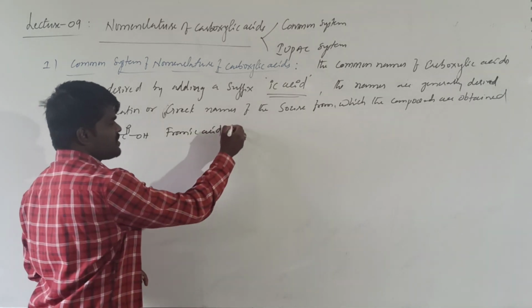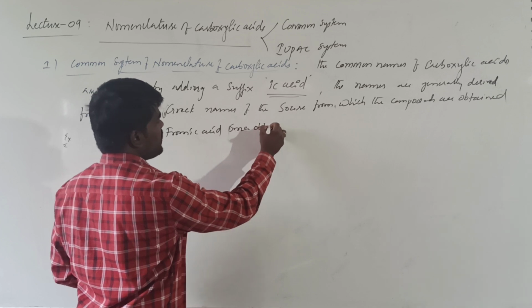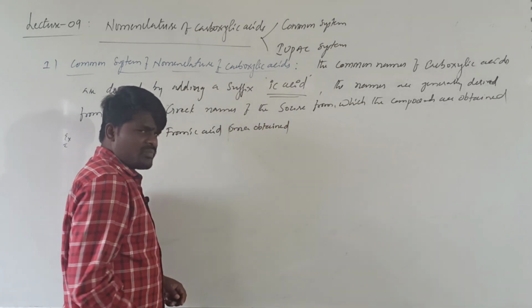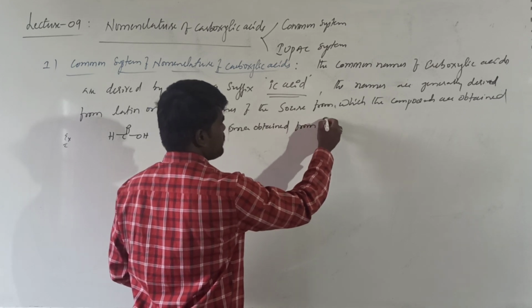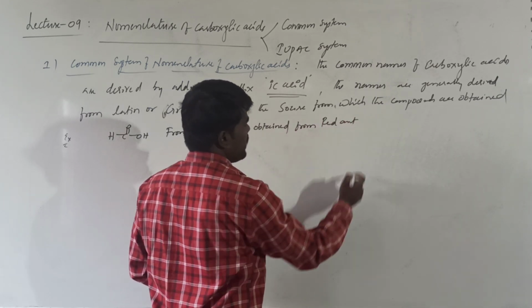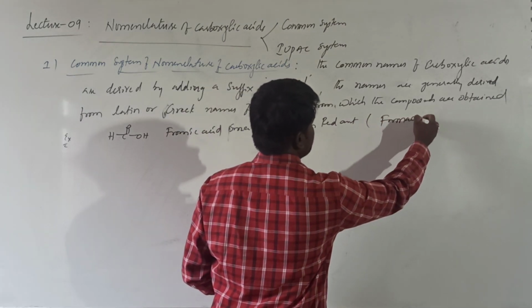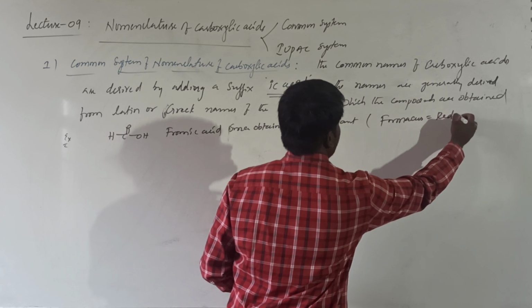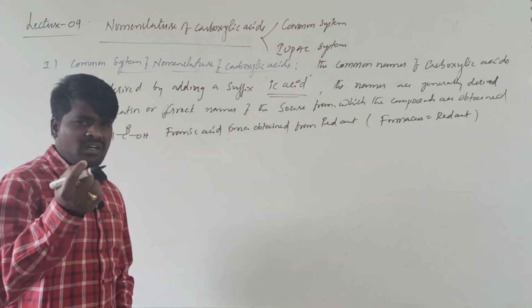It was first isolated from red ants. In Latin, Formicus means red ant.